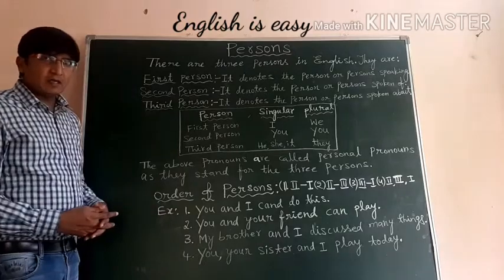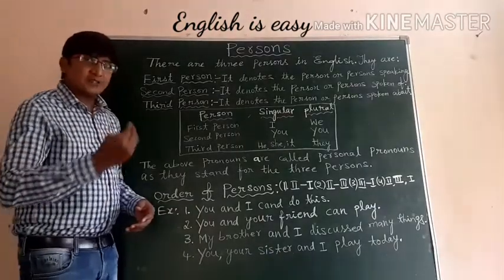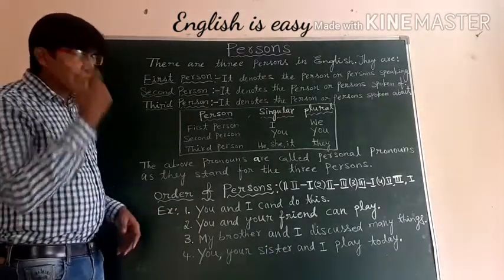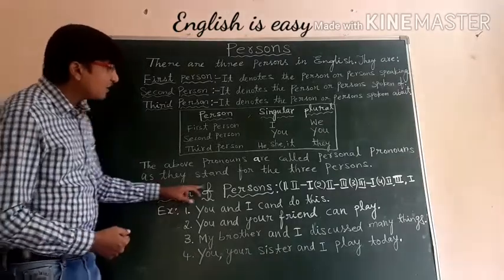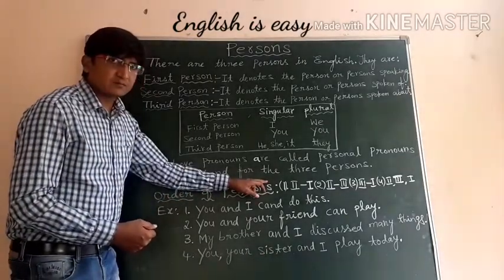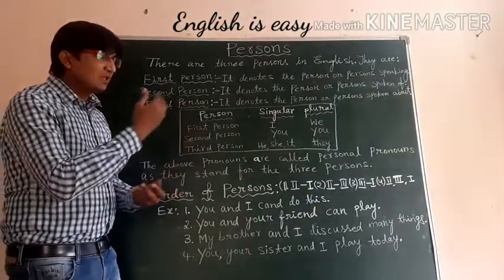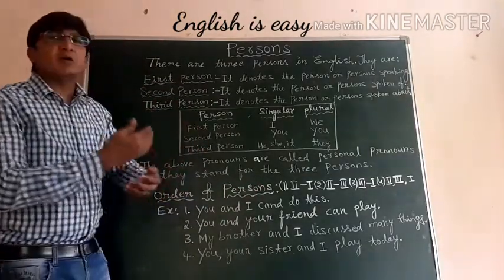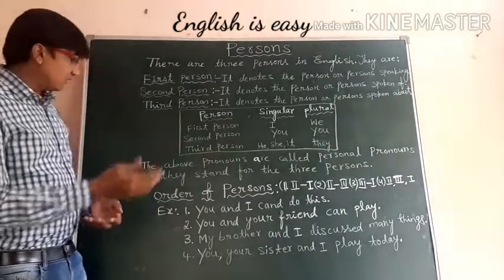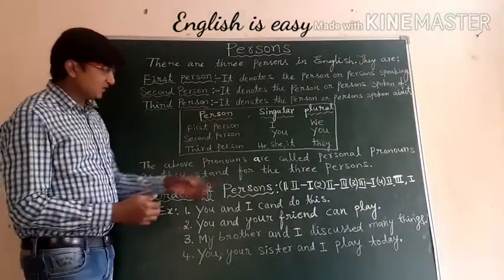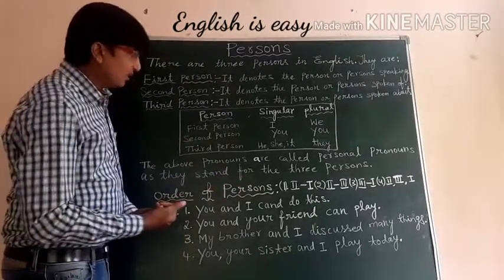And then the very important concept we need to keep in mind is the order of persons. How are we supposed to use the persons in our daily conversation or in our daily sentences? This we need to keep in mind.